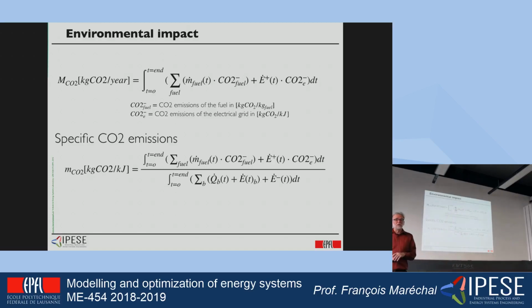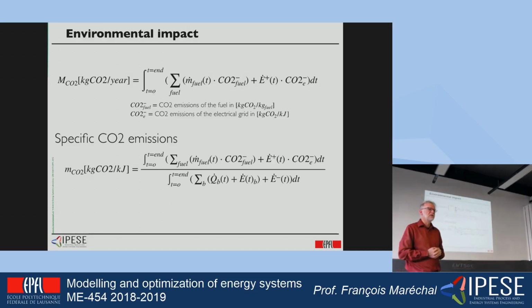You have to know the emissions associated to the fuel, and the same for the electricity that you consume: the CO2 content of the electricity that is supplied to you.